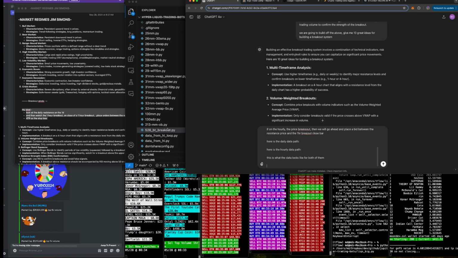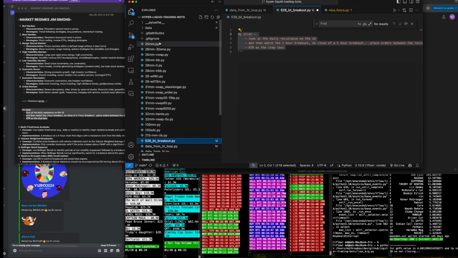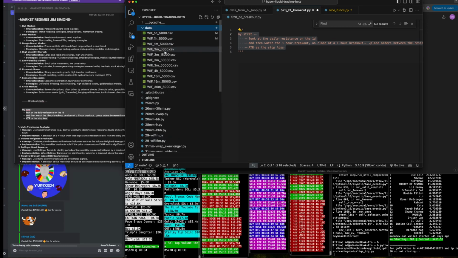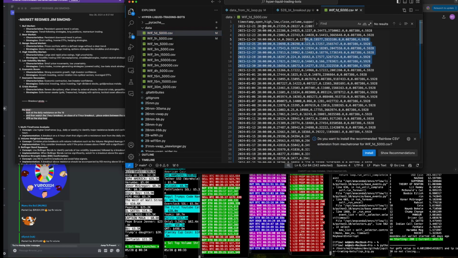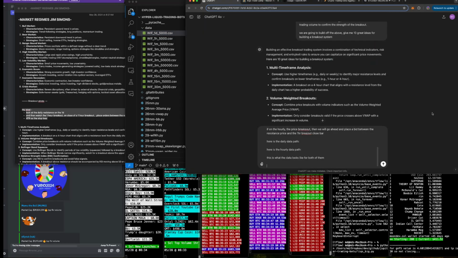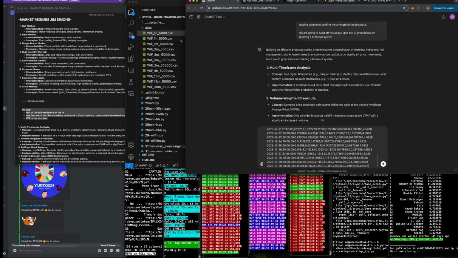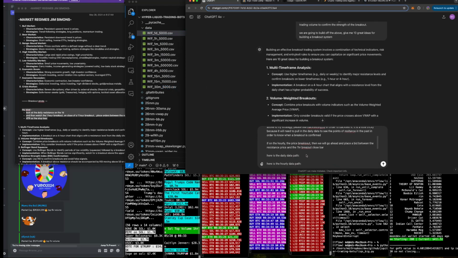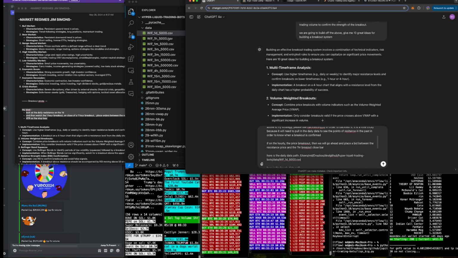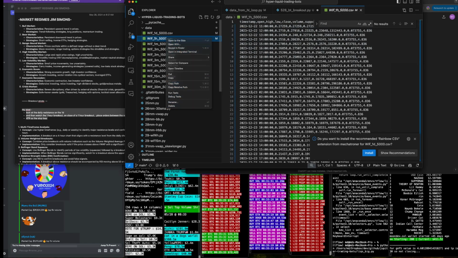Let's go get the data for both of them. Breakout, okay. Data, what data did we get? We got the 15 minute, no. The 1 hour, yes. We got the 1 hour and the 1 day. So this is what it looks like, okay. Okay, this is the daily path, okay. Copy path. Okay, this is the hourly path. Copy path.